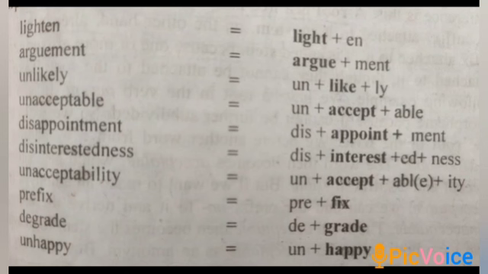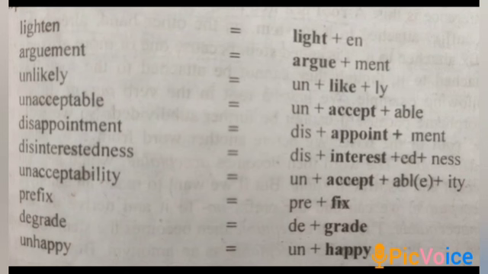Disappointment. Appoint is a free morpheme, dis and ment are bound morphemes. Unacceptability. Accept is a free morpheme, whereas un, able, ity are bound morphemes.